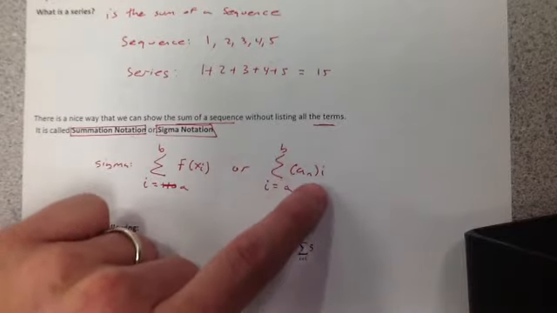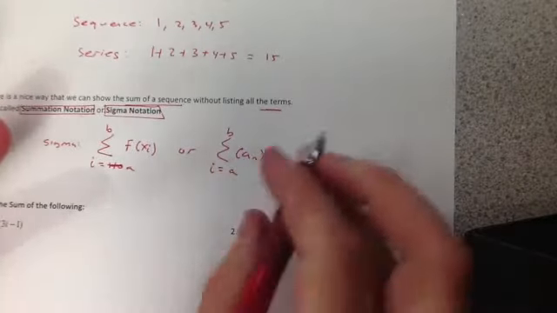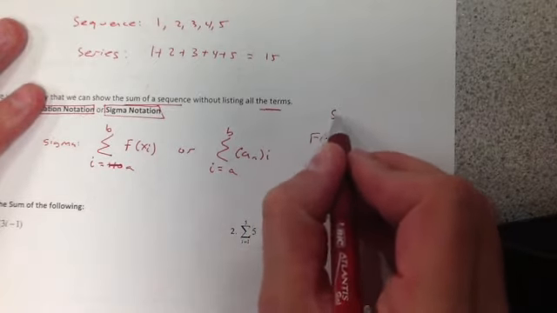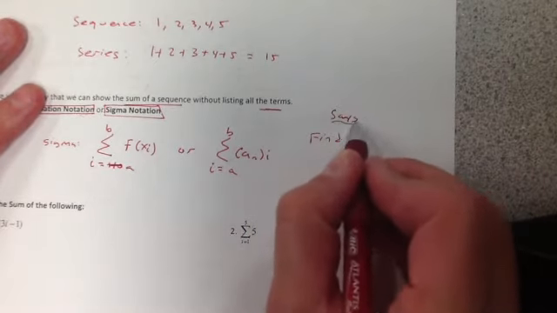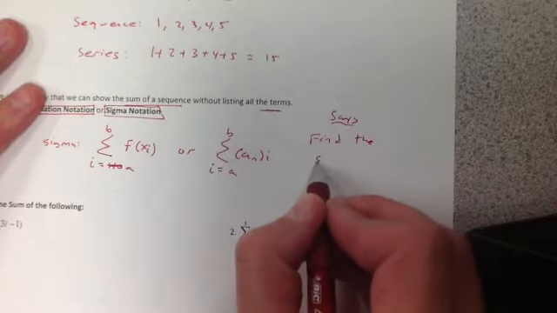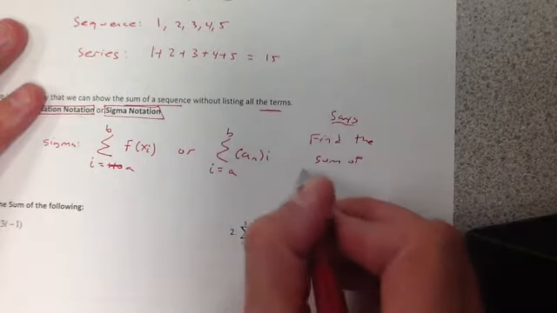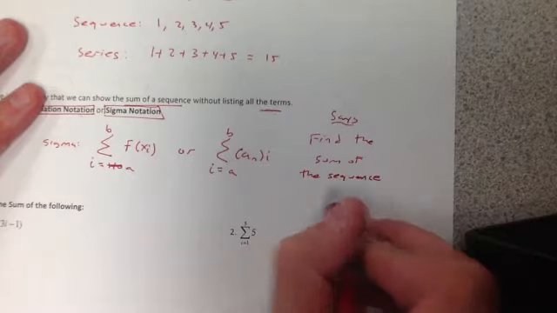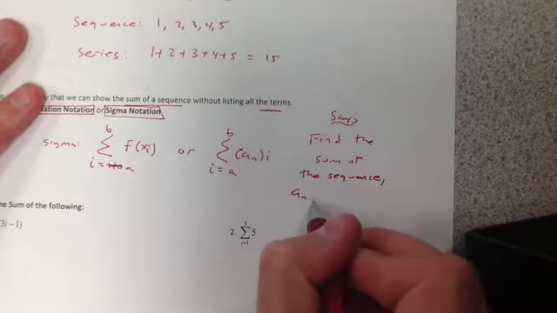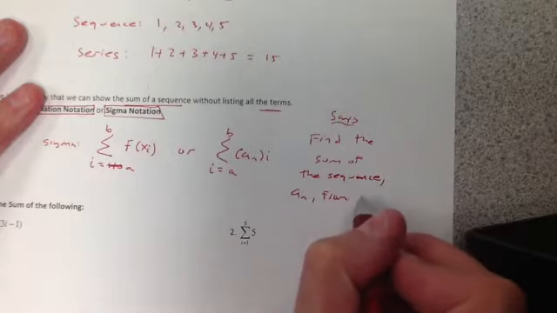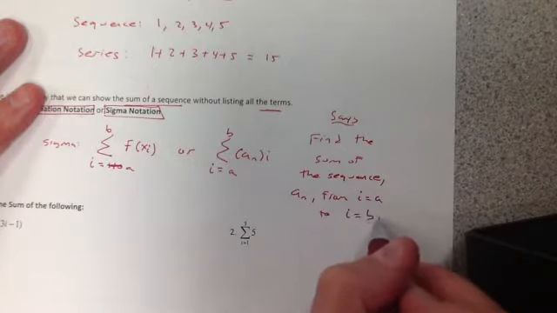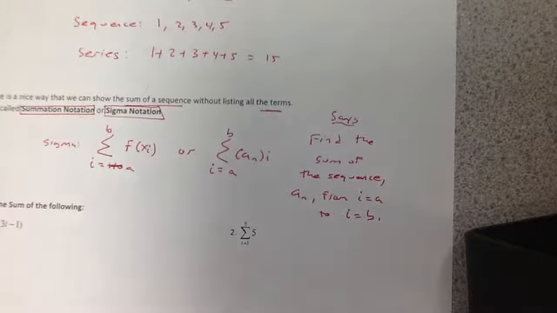The i just stands for the ith term. So basically what it says is find the sum of the sequence a sub n from i equals a to i equals b. And that's what it's saying to do.